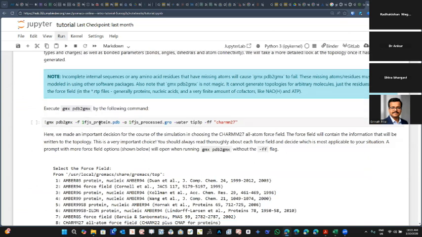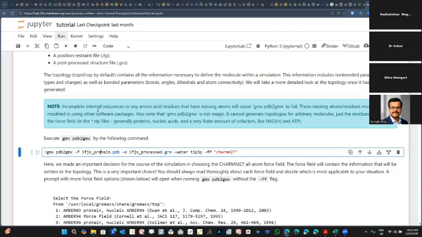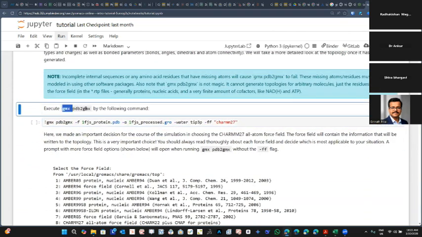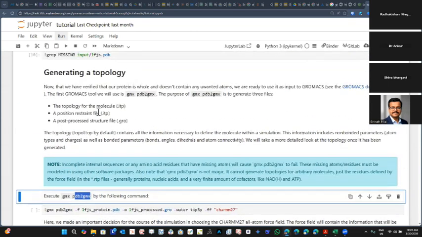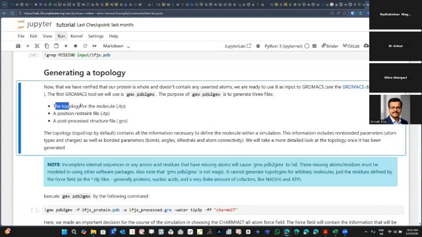So I am on this particular page where you see GMX. We are using GROMACS. GROMACS code, the command is GMX. So we are converting PDB with GMX, where we are trying to look at the topology. We are generating a topology using the PDB information, PDB is our protein.